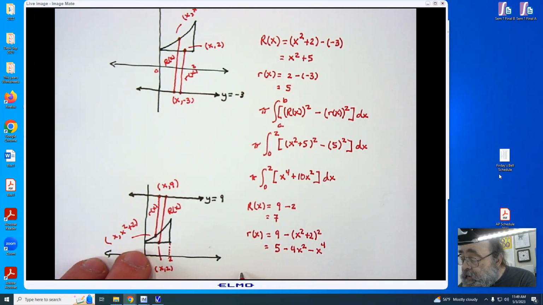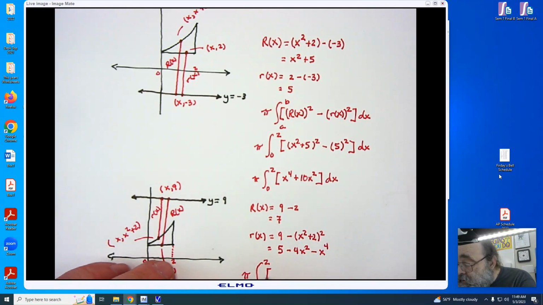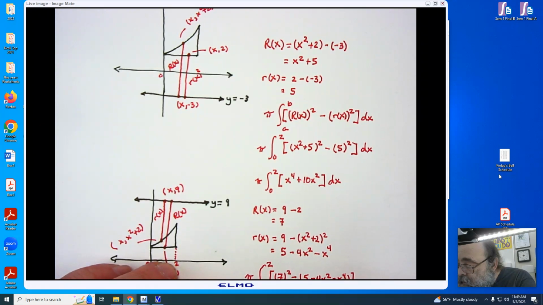Putting it into my formula, pi integration 0 to 2. Notice that hasn't changed. It's the information that we're putting next. 7 squared minus 5 minus 4x squared minus x to the 4th dx.